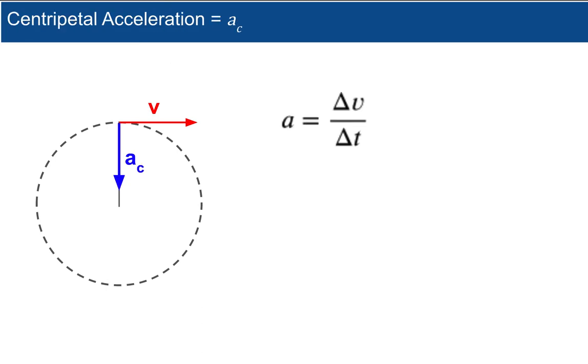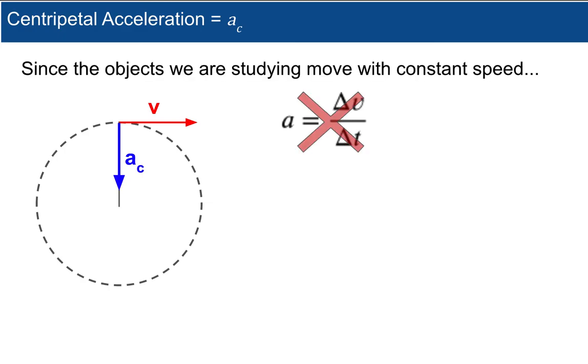To find the value of the centripetal acceleration, you might think, oh, okay, well, I know how to calculate acceleration. It's the change in velocity over the change in time. But that's not going to work in this case because our value of v is not changing. So there isn't a delta v. It would come out 0. So there's a different formula when we're dealing with centripetal acceleration, this inward acceleration of the object.